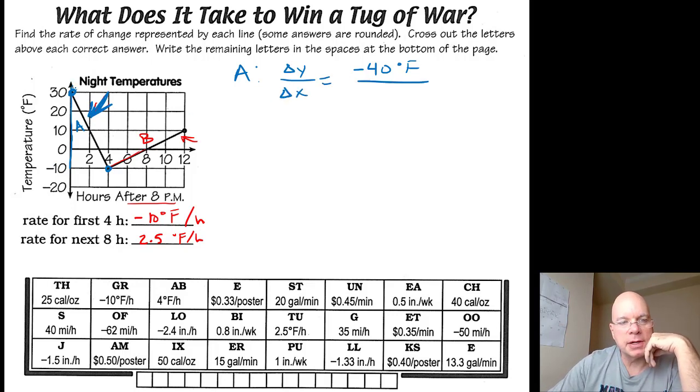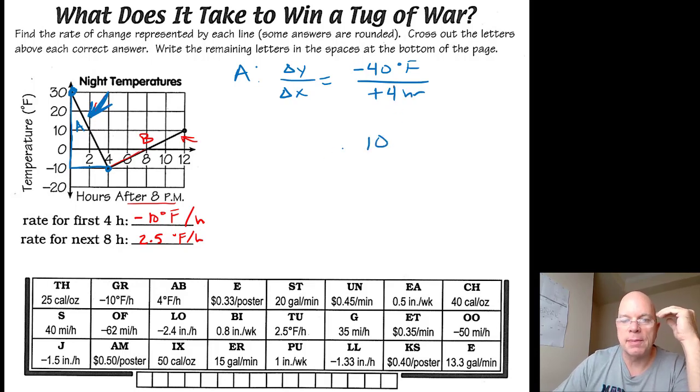But if I go from positive 30 to negative 10, I've decreased 40 degrees Fahrenheit in temperature. And then getting to this point right here, I've increased the number of hours by 4. So positive 4 hours. 40 divided by 4 is 10, but a negative divided by positive is negative. So that's why we get the negative 10 degrees Fahrenheit per hour.